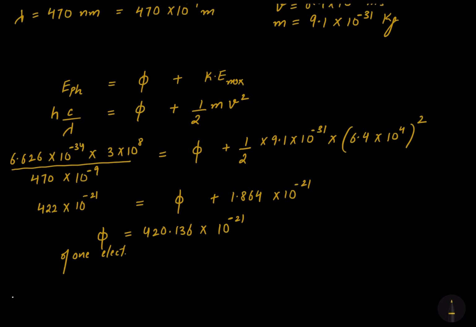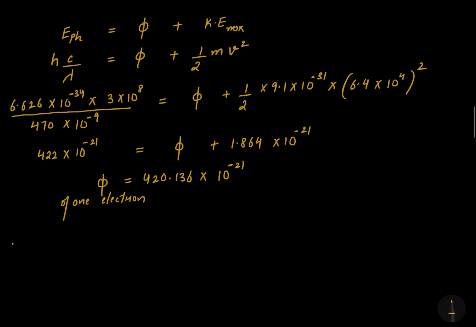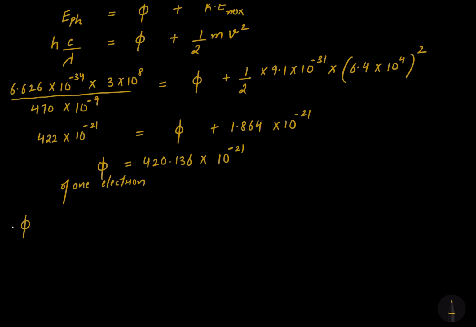We have to evaluate the work function for 1 mole of electrons, because in the question he has asked about 1 mole. So I am writing phi of 1 mole of electrons. It will be equal to the phi of 1 electron, the work function of 1 electron, into Avogadro number of electrons.